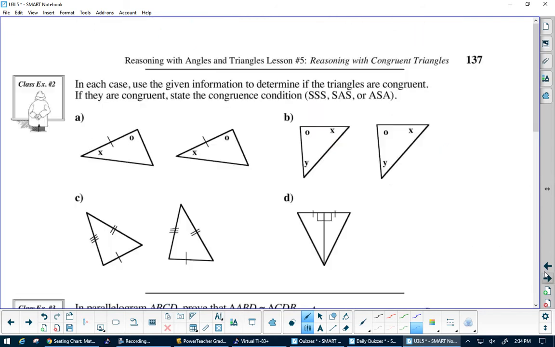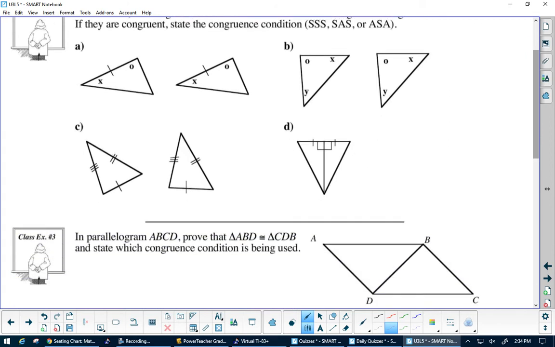Well, I'll show you. Now, are these two triangles identical? Yes or no? And if you're saying yes, why?